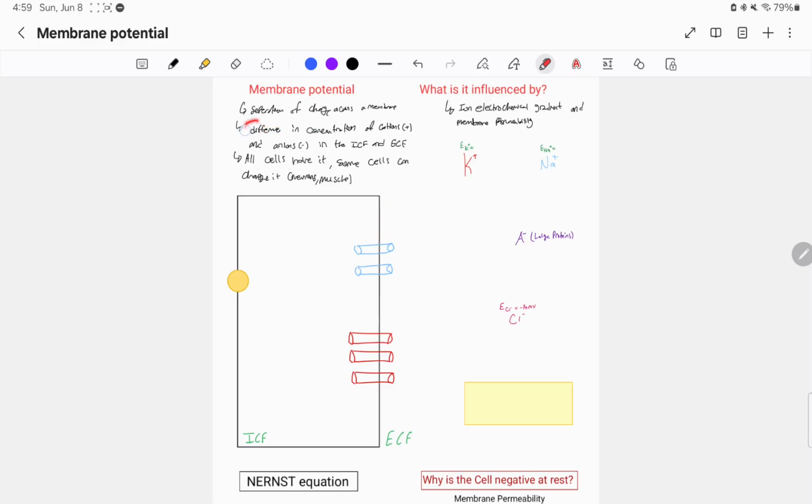And the difference in concentration of cations and anions between the ICF and the ECF is the better definition. We know that all cells have this membrane potential, but only some cells can change it, such as neurons and muscles. We know that the membrane potential is influenced by that ion's electrical and chemical gradient, and whether the membrane is permeable to that ion or not. Because how could we have a separation of charge across the membrane if that charge cannot pass through the membrane? So membrane permeability must play a role as well. And we'll come to see what I mean by that.